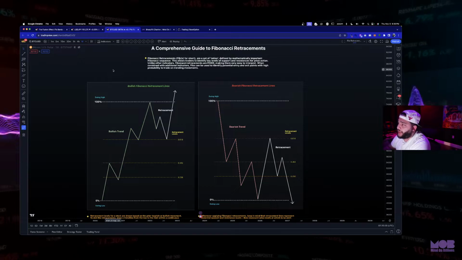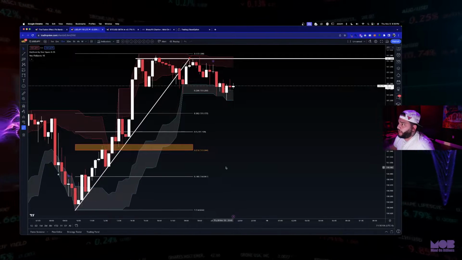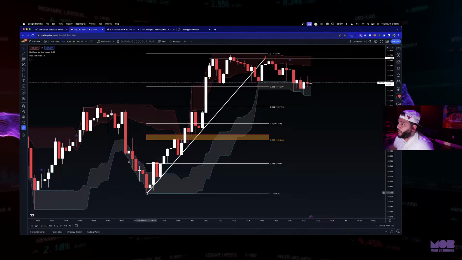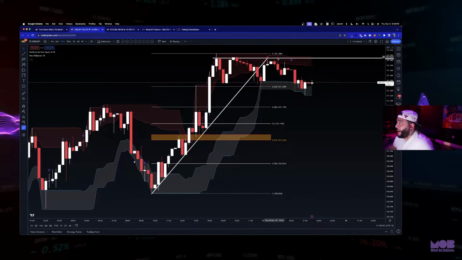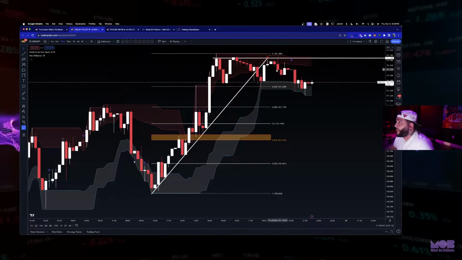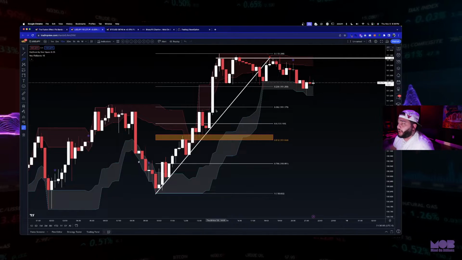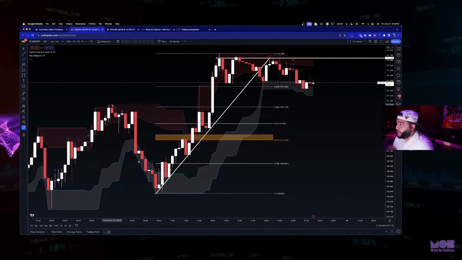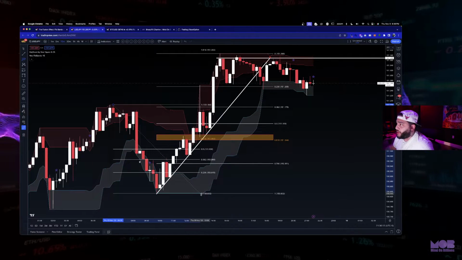So notice that when I did use the Fib tool, it is because we were looking at this uptrend. This is possibly the beginning of a downtrend. It sure looks that way. But let's say I used the Fib retracement tool going from the swing high to the swing low over here, we might be able to see some interesting stuff.